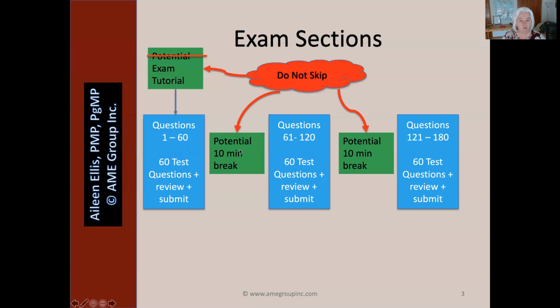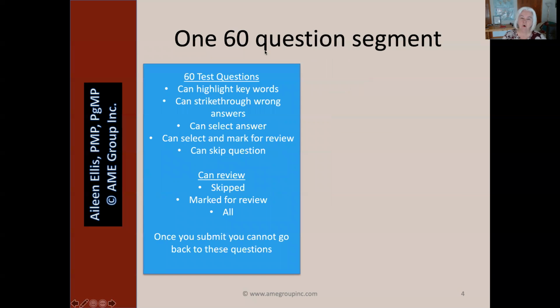I'm going to talk about one section of the exam. So section 1 or 2 or 3, each of them are 60 questions. When you are in a section, you can highlight keywords, you can strike through answers that you think are wrong, you can select what you believe is the correct answer and move on, or you can select what you believe is the correct answer, mark the question for review and move on, or you can just skip a question.